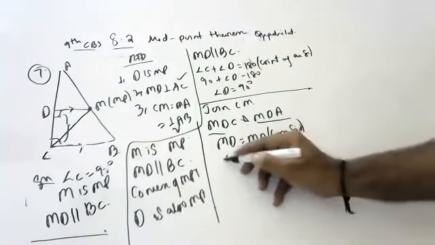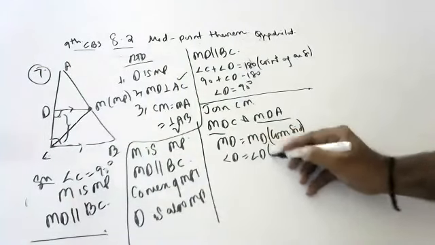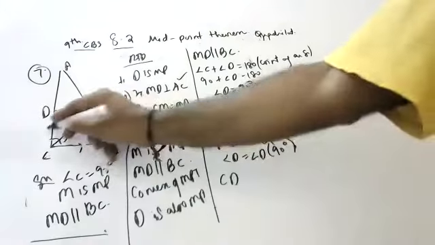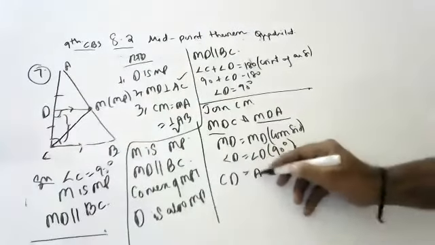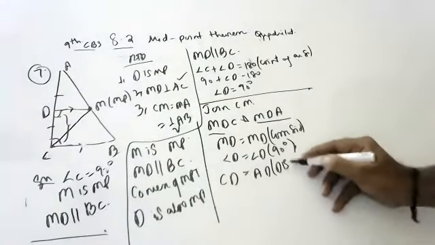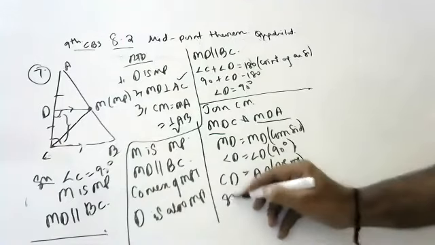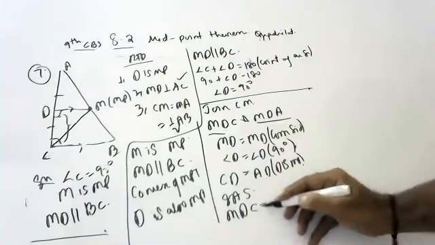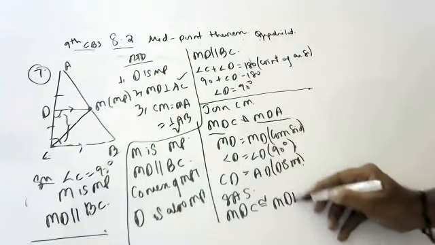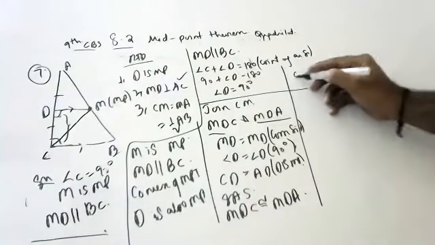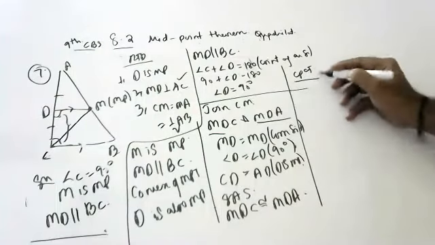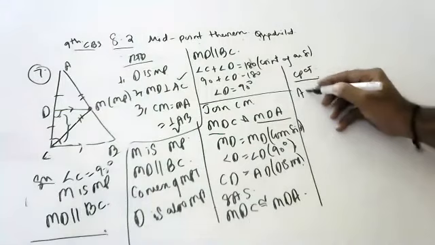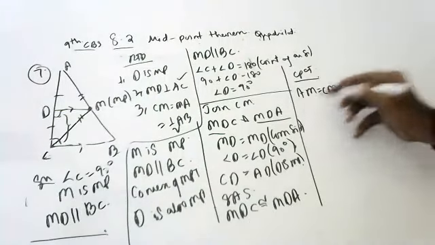Angle D is equal to angle D, 90 degrees, proved. AD is equal to CD because D is midpoint. So by SAS congruency, triangle MDC is congruent to triangle MDA. By CPCT, what can we say now? AM is equal to CM.